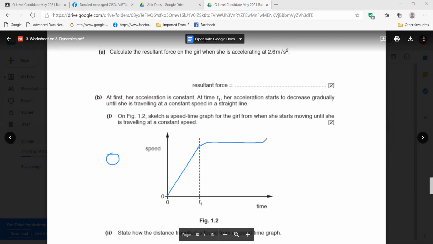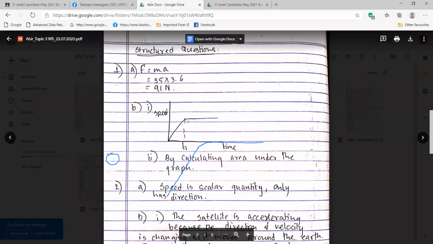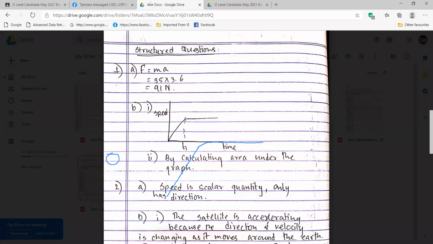Yes, this way. Now we check whatever you gave. So everything is fine. Just show a little bit of gradual decrease here. After this part, you can correct it the way I showed. Look, gradually decreasing, then it becomes constant speed. Is it clear?